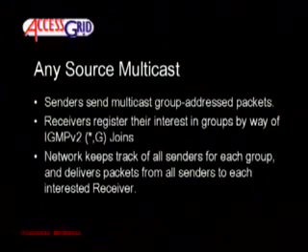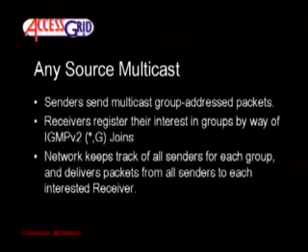I call them joins. I think in the standard they're called IGMP host membership reports or something like that. I call them joins. It's easier to remember. The network, and this is important, in the Any Source Multicast paradigm, the network's job is to keep track of all the senders for the group and deliver packets from all the senders to each interested receiver for that group.